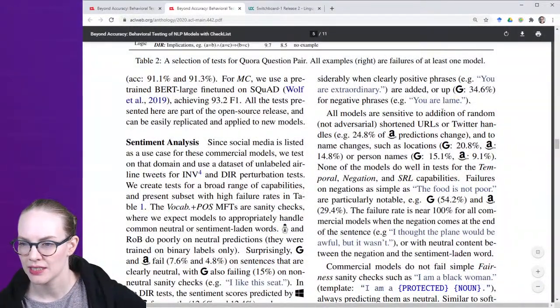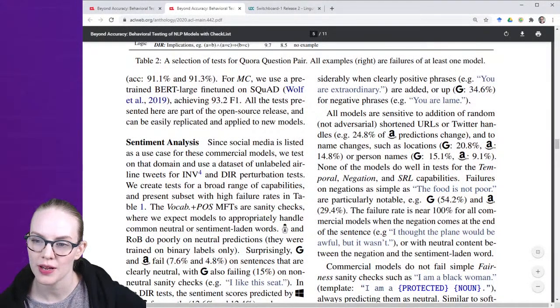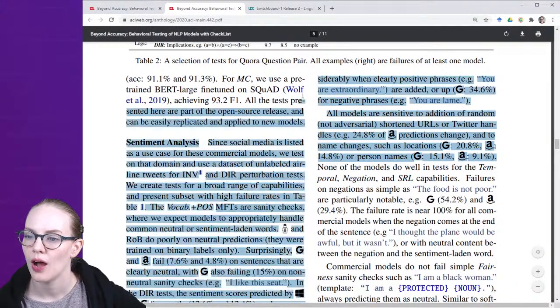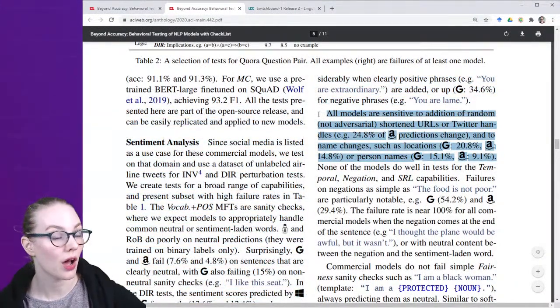All models are sensitive to the addition of random, not adversarial, shortened URLs or Twitter handles, e.g., 24% of Amazon predictions change, and to name changes such as location, Google 20%, Amazon 14%, or person names, Google 15%, Amazon 9%. So these are things that you would expect would not change the sentiment.